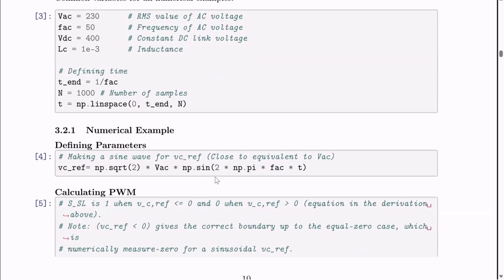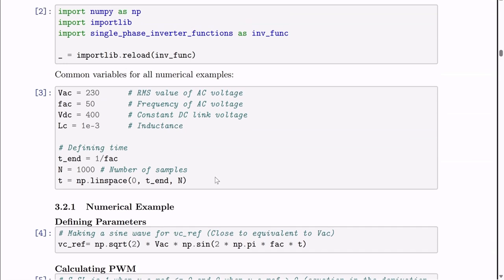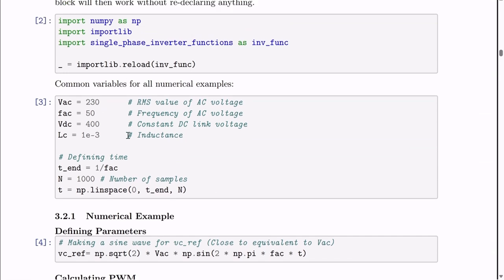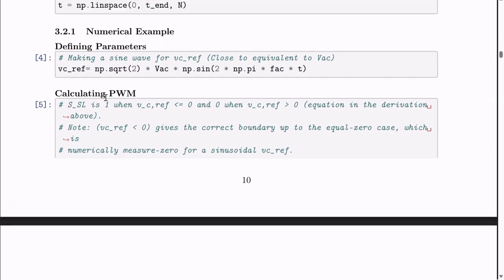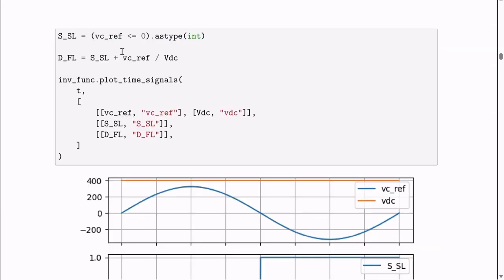Here I have some Python script to show you how the waveforms look. I just defined some parameters, and then here is the reference voltage that we want, and here's the actual calculation. You can see that the gate signal is 1 when the reference is lower than 0, and 0 if not. And then the duty cycle is calculated using the equation that we just found.